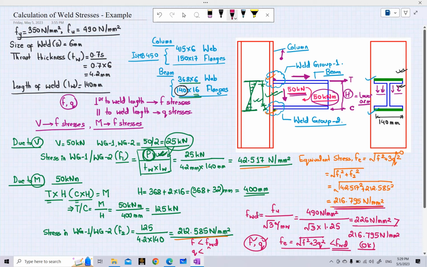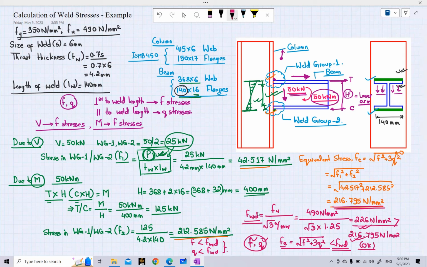We have to check for that condition also. So all these values, F value, Q value and FE value, should each individually be less than or equal to the design stress in the weld FWD. In our case, this 226 is greater than the equivalent stress, so the calculation of the weld stresses is within the permissible limits.